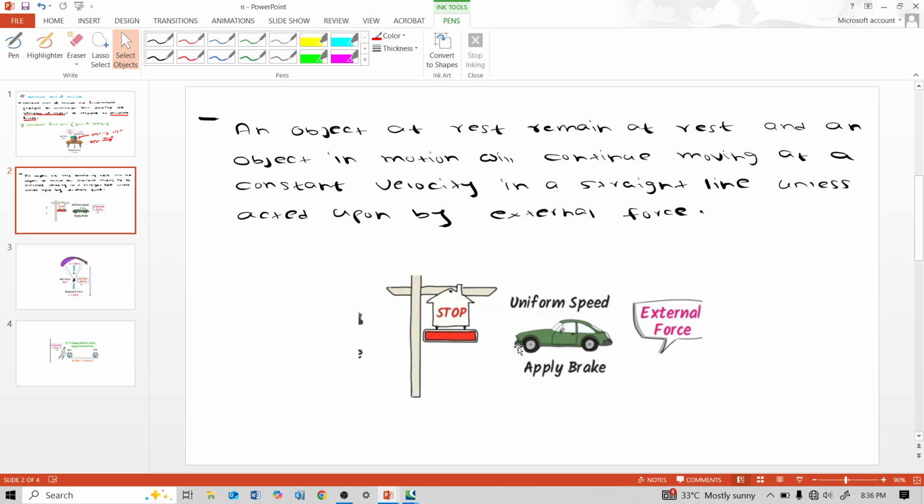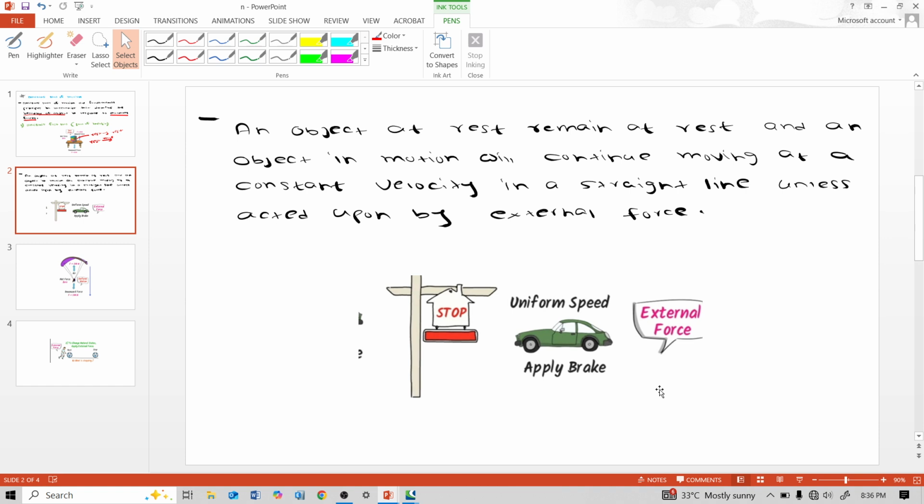Now see here, if anyone is riding a car at a constant 60 kilometer per hour speed, then this car is in motion. Until and unless the person applies the brake, this car will not stop.